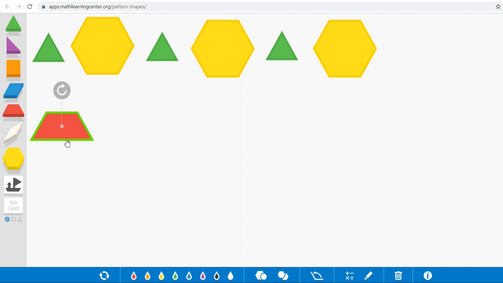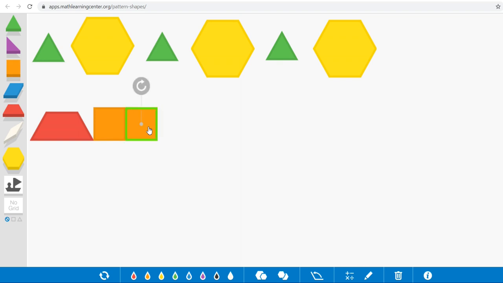And I put two of these trapezoids together to make a hexagon. That's pretty cool. All right, so this is my A. We are going to create an ABBC pattern. I'm going to use an orange square for my B's. So if I'm making an ABBC pattern, I'm actually going to need two orange squares.